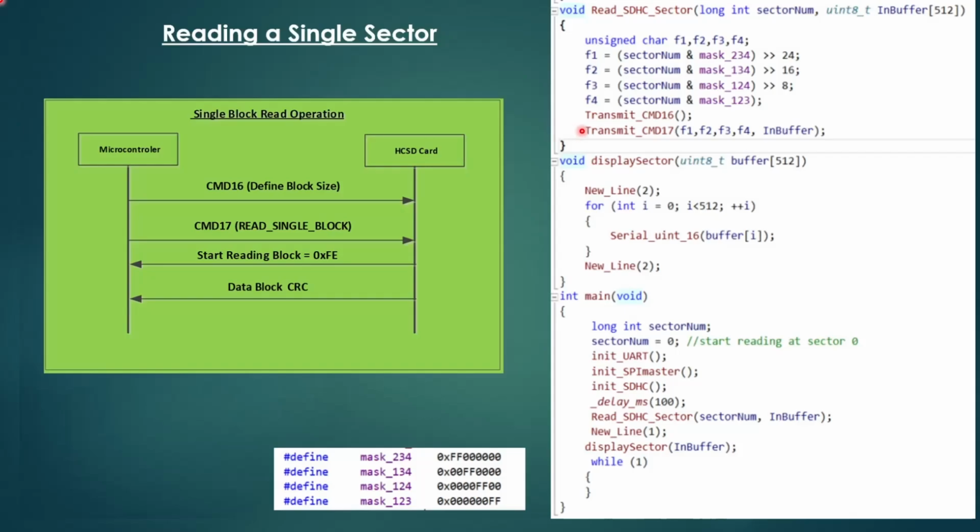And then we transmit command 17, which is the one that does all the reading, using the sector broken down into 8-bit parameters, and the in buffer where to store the data. Now for the display sectors routine, we get the in buffer and send it to the laptop via the serial UINT16 routine, and that display is eventually going to show all the data.